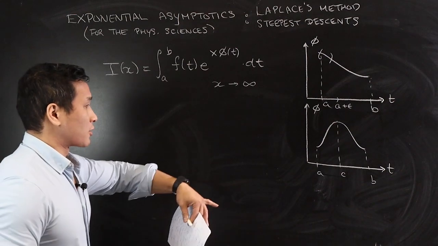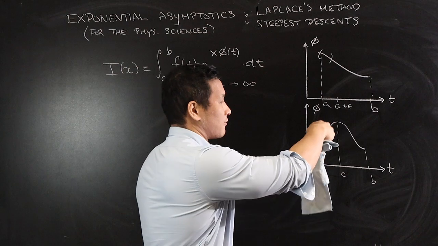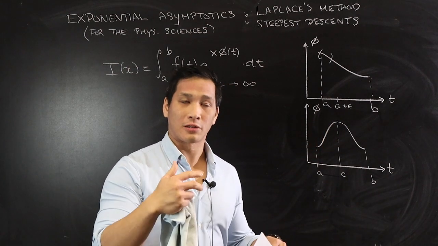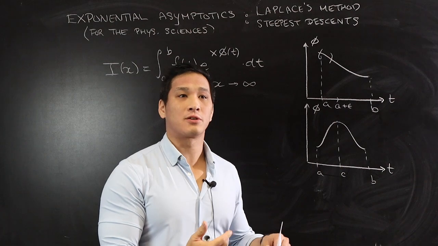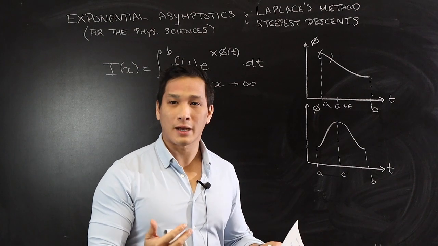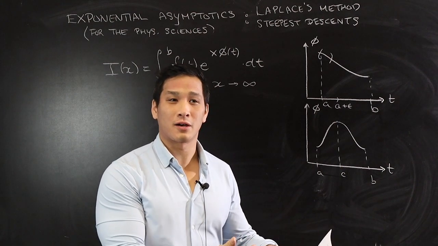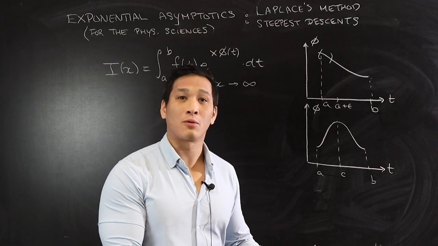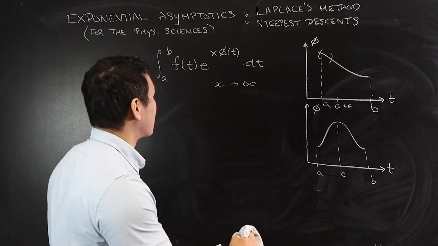You can have much more complicated functions phi. You can have multiple maxima, but the philosophy is largely the same. You find the largest maximum point. This gives you the dominant contributions. Other maxima will also produce subdominant contributions, and in more challenging problems, you might want to estimate those subdominant contributions.